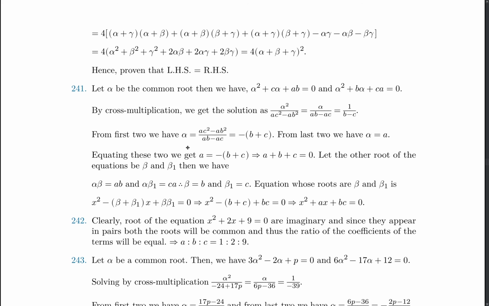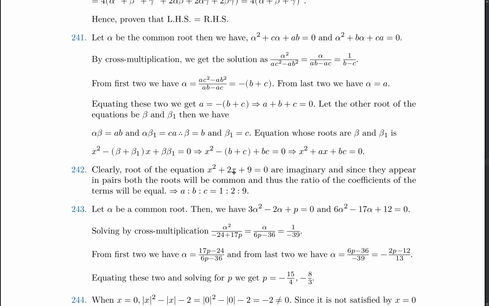If you look at the roots of the equation x square plus 2x plus 9 is equal to 0, they would not be real. Why? Because the discriminant is b square, that is 4, minus 4ac, that is 4 into 1 into 9, 36, that is minus 32, less than 0. So the roots would be complex numbers, and they will appear in pairs because complex roots appear in pairs.